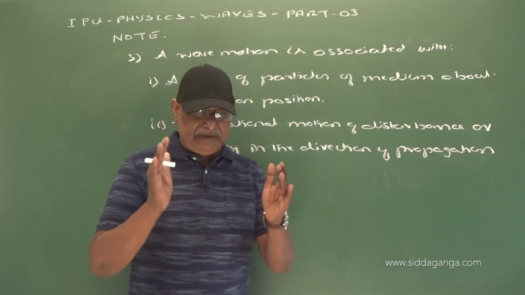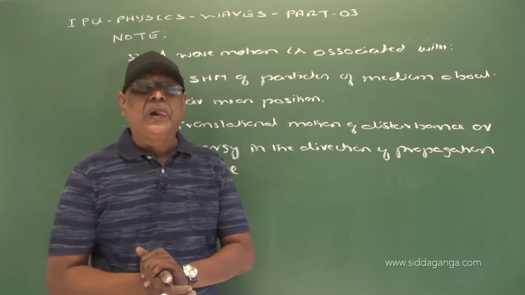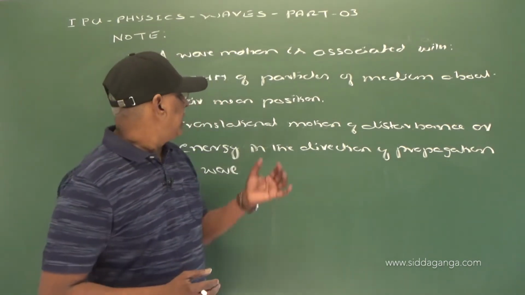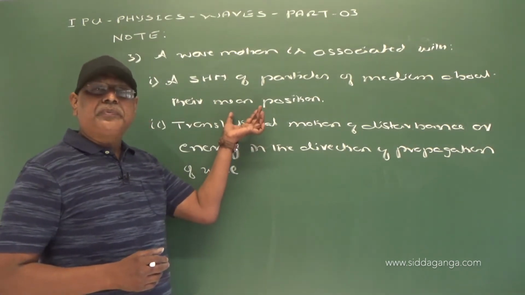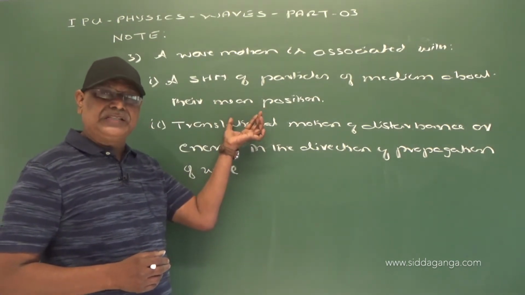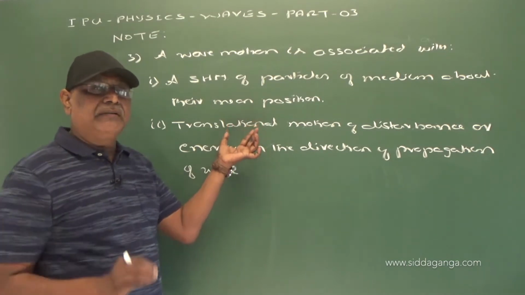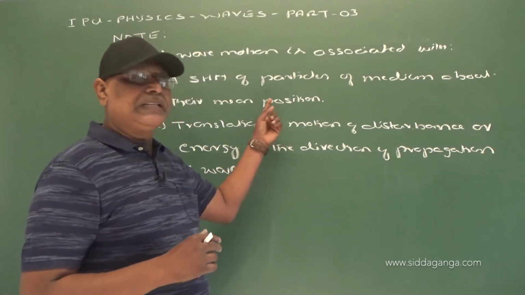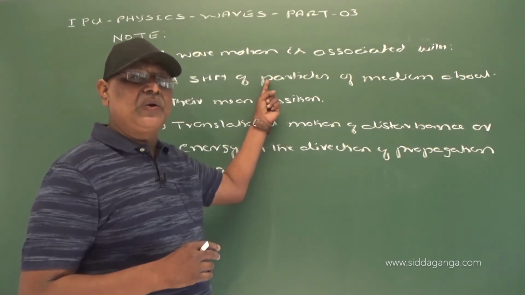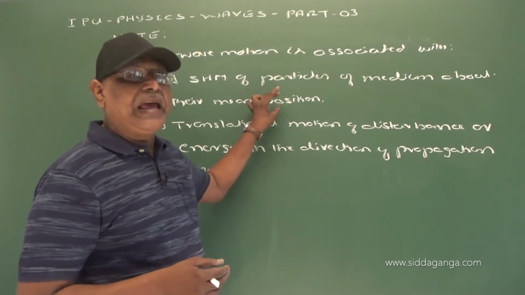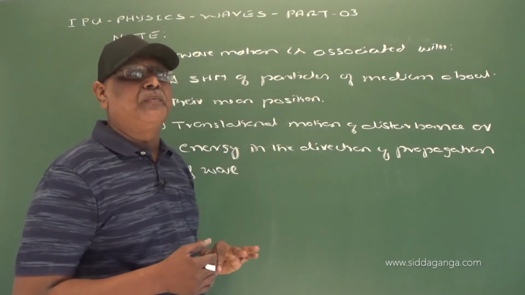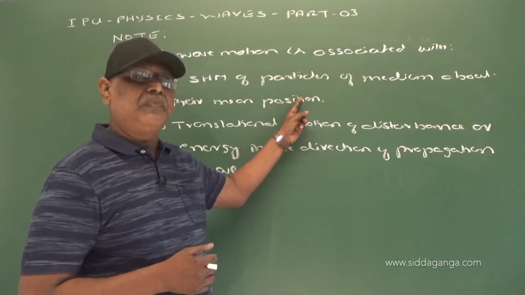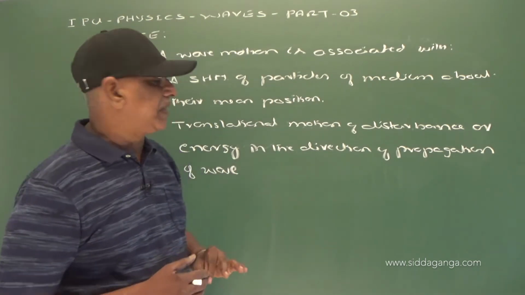But when we speak about velocity and acceleration, right, particularly, now these simple harmonic motion executing particles have velocity of simple harmonic motion, right? It is maximum at mean position and zero at extreme position. And acceleration of simple harmonic motion, it is maximum at extreme position and zero at mean position, right?